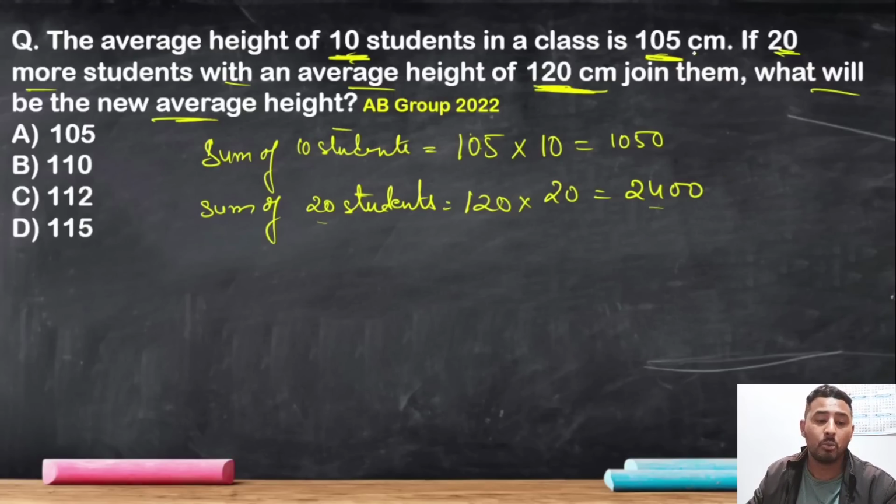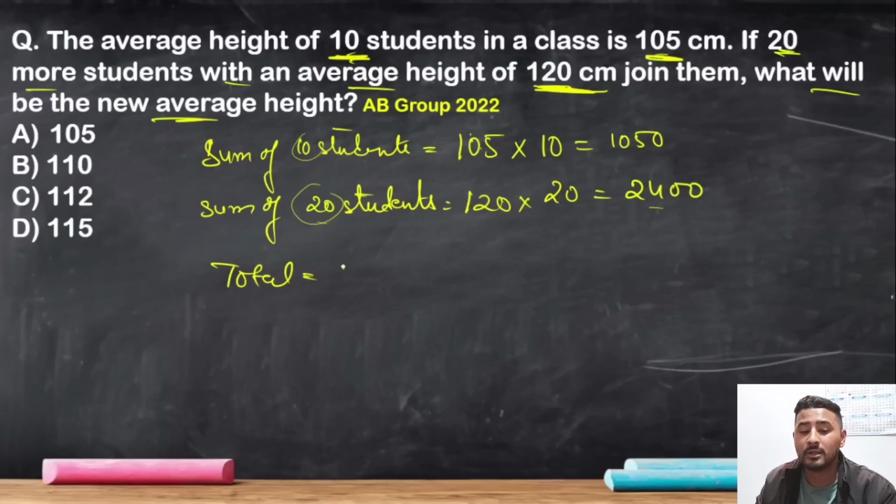Now what they're asking is the new average height. So count how many people there are in total. First there are 10 students and the other is 20, so 10 plus 20 makes 30 students total.